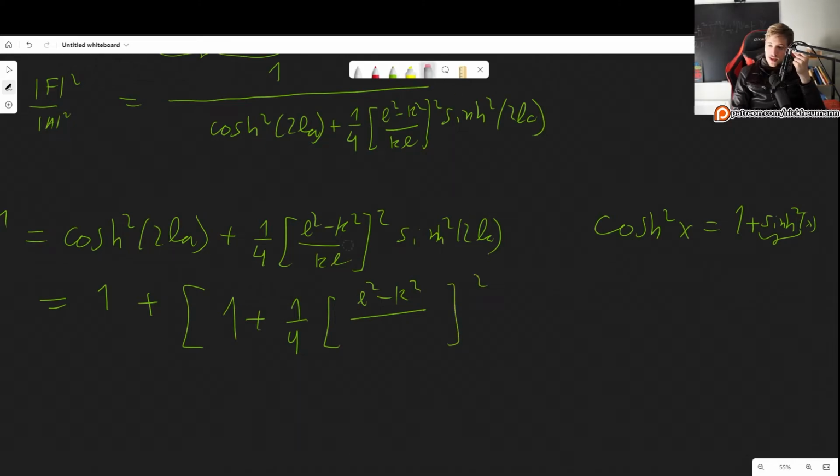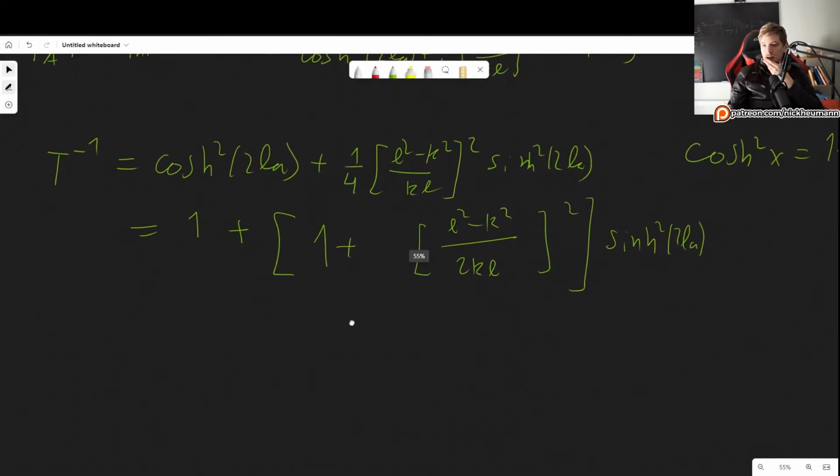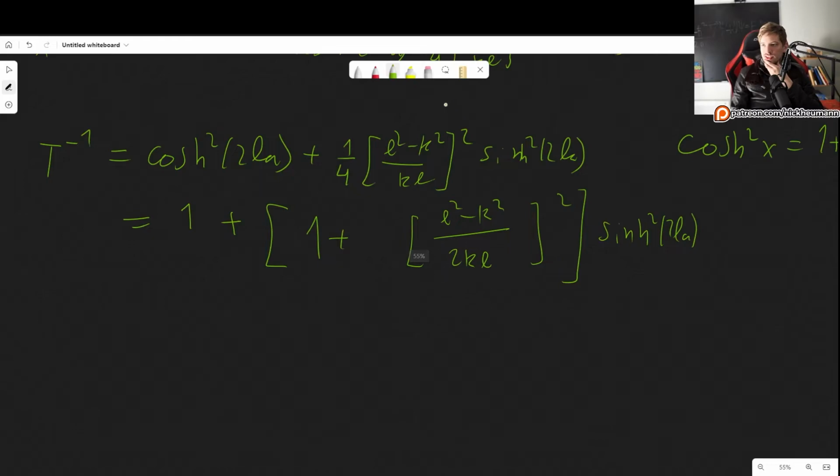But just to make things simpler, we can take the 4 and plug it in here, and we get 2KL. And since this will be squared, we end up with the 4 that was outside before. And this is hyperbolic sine squared of 2LA. Okay, amazing. So now we only need to simplify what is in here.